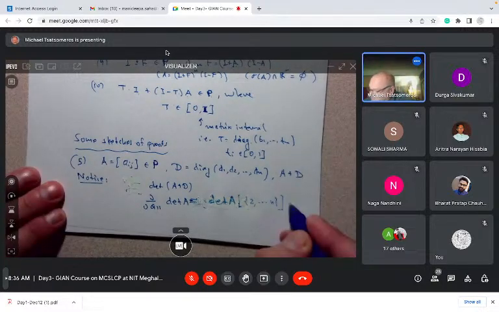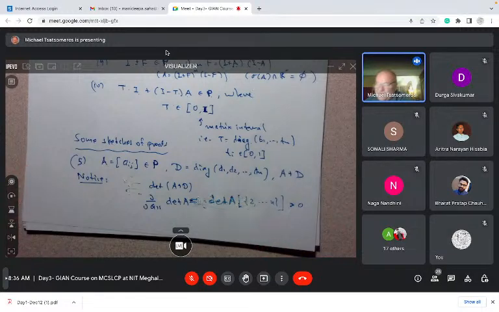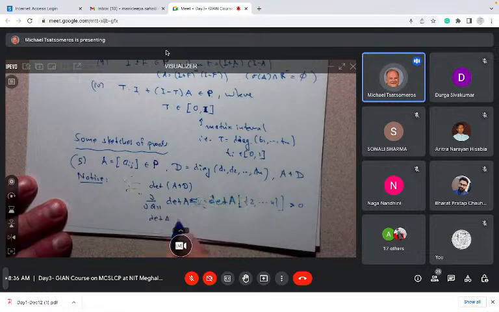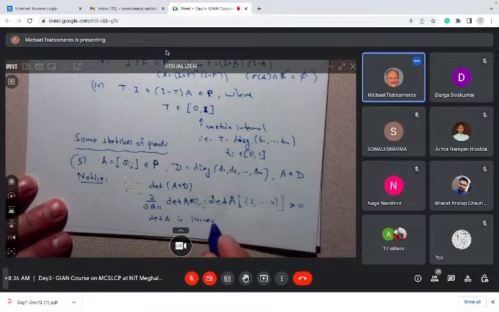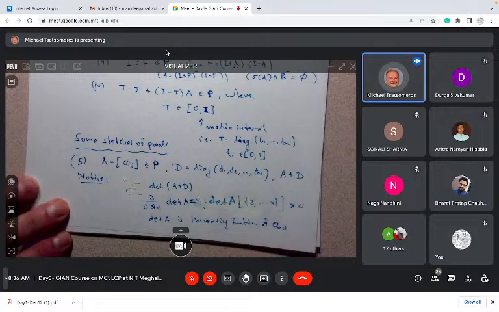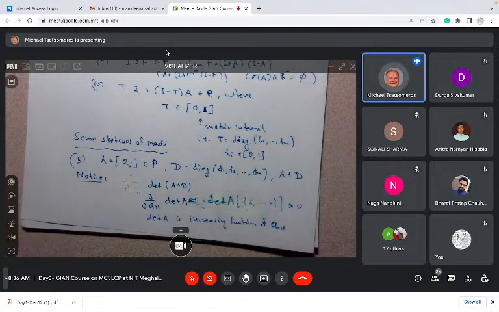But that's positive because it's a P matrix. So what does this mean? This means that the determinant of A is an increasing function of A11, of the 1,1 entry. So if you take the matrix A and you increase the A11 entry, you increase the determinant.